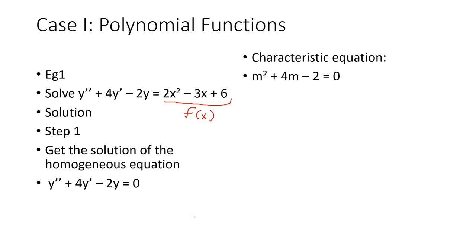You may use your scientific calculator, or if you cannot factor, or you get a complex root, then you solve it using the quadratic formula, which is negative b, where b is the coefficient of the linear term, plus minus the square root of b squared minus 4ac, where a is 1 and c is negative 2. Then you simplify it.